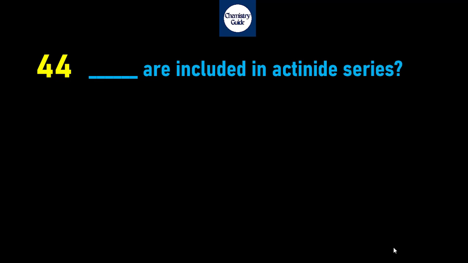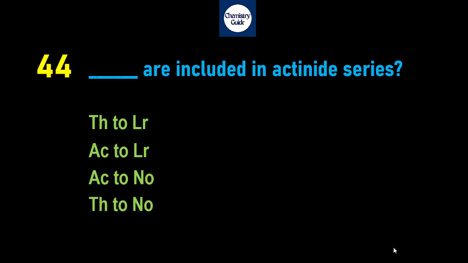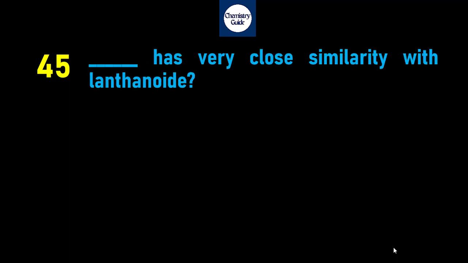MCQ number 44: dash are included in the actinide series: Th to Lr, Ac to Lr, Ac to No, Th to No. So the right answer is Th to Lr. These are the elements included in the actinide series. MCQ number 45: dash has very close similarity with lanthanoid: Lr, cerium, lutetium, lanthanum.